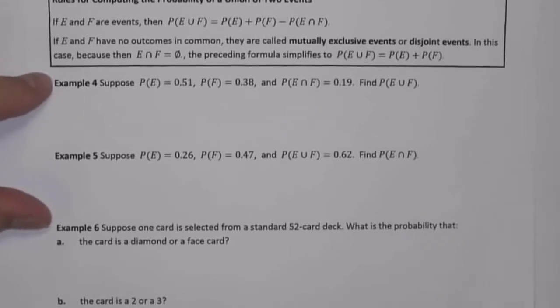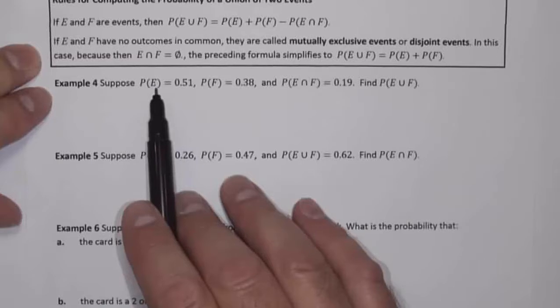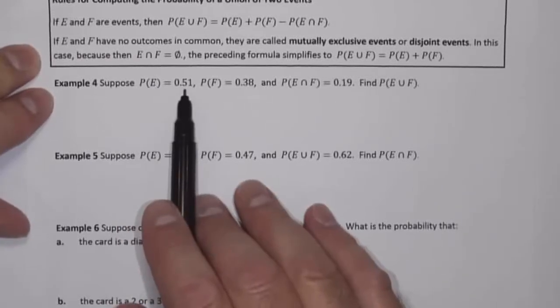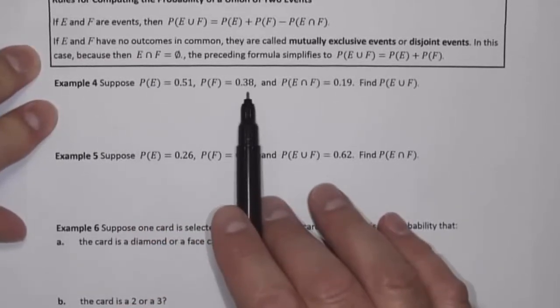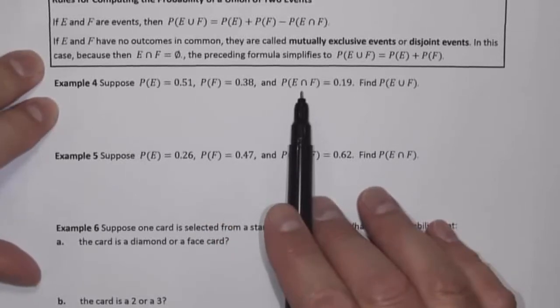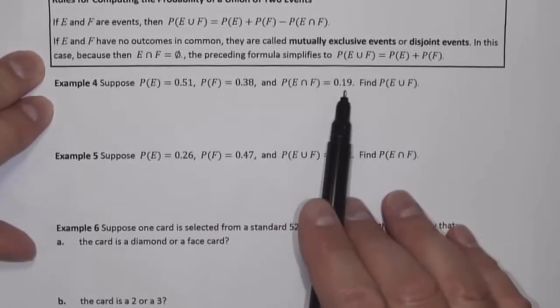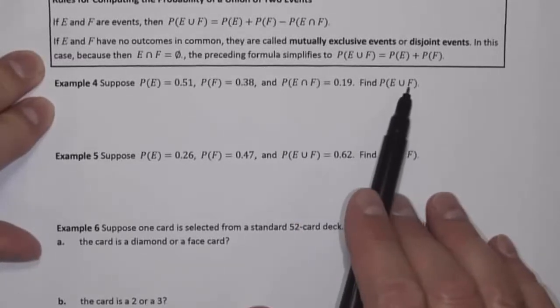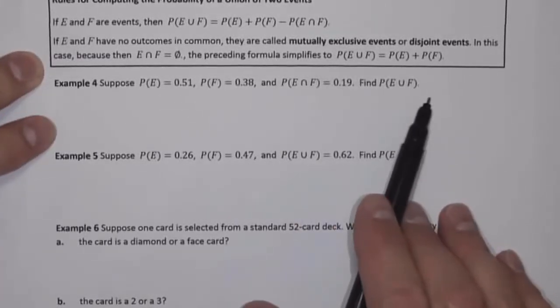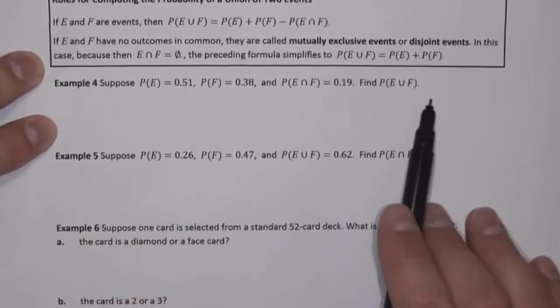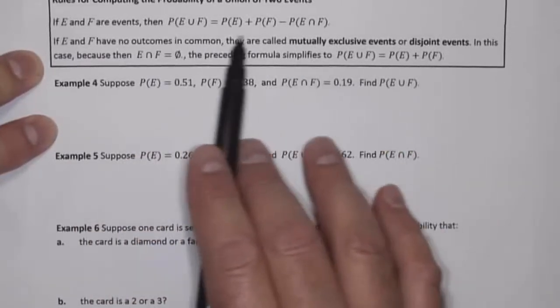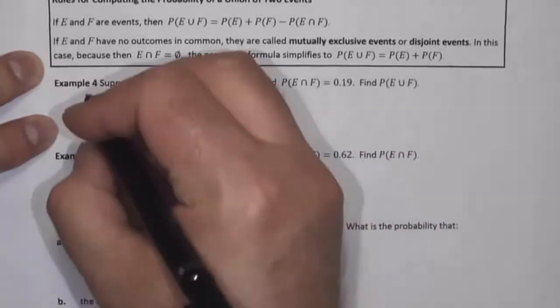So take a look at example 4. Suppose the probability of E equals 0.51, the probability of F equals 0.38, and the probability of E intersect F equals 0.19. Find the probability of E union F. Well, this example is just directly using our first rule here.